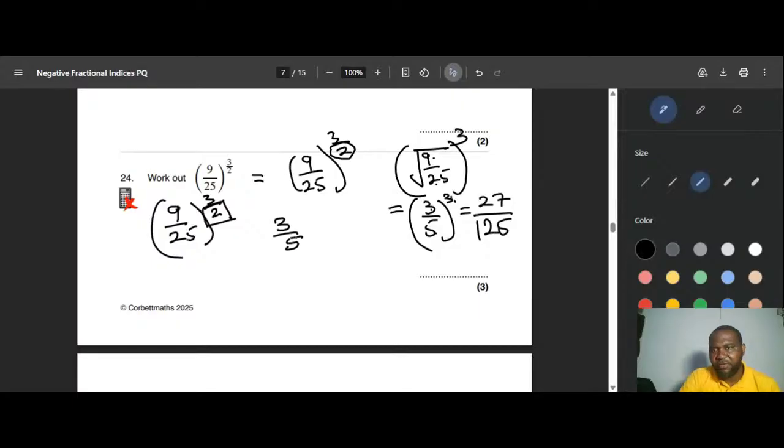I already taught you how to find square root. Then you will raise your answer to this power here, which is 3. So 3 raised to power 3 means 3 times 3 times 3, that is 27. 5 raised to power 3 means 5 times 5 times 5, that is 125. So you get 27 over 125. Do you understand now?